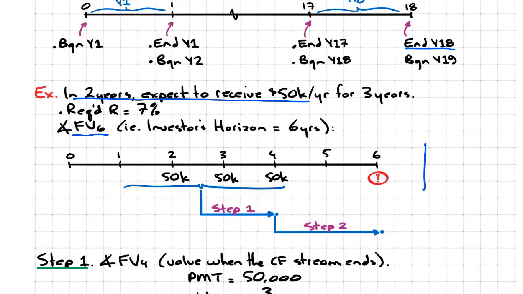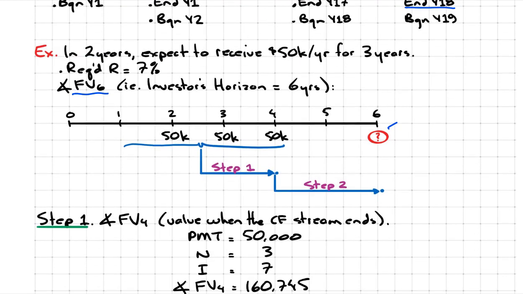Okay, so to calculate our value at the end of year 6, we're going to do this in 2 steps. The first step is we need to find out what the cash flow stream is worth when it ends. And that's the thing with our valuation models.